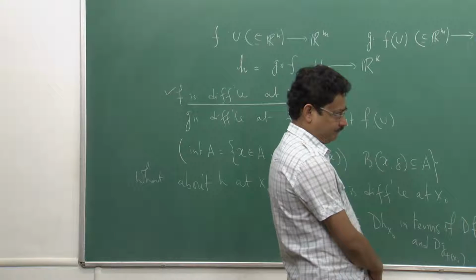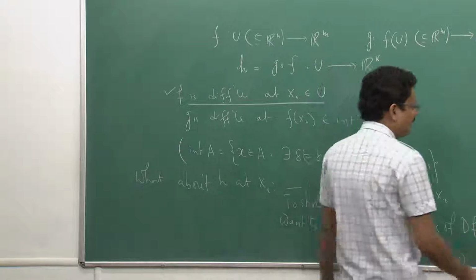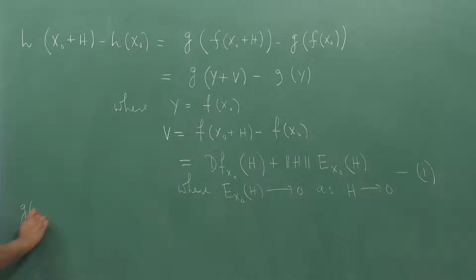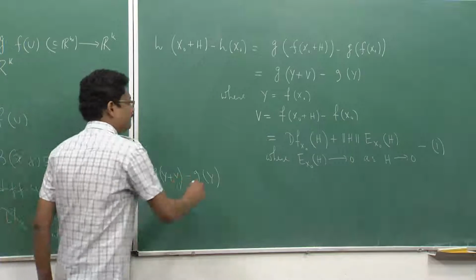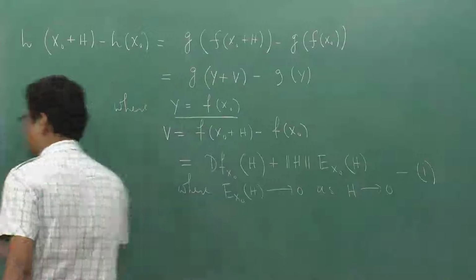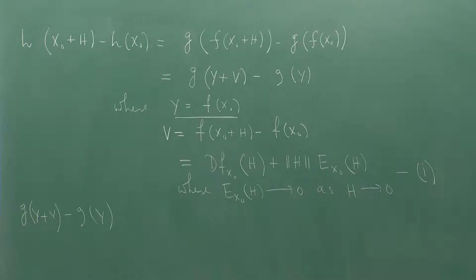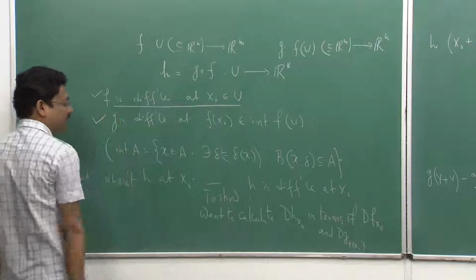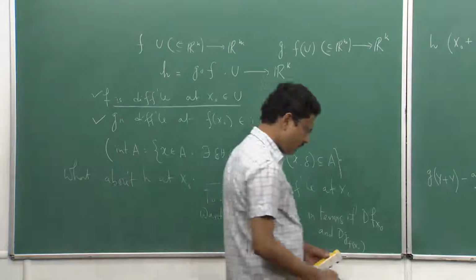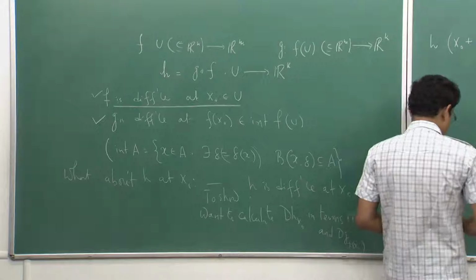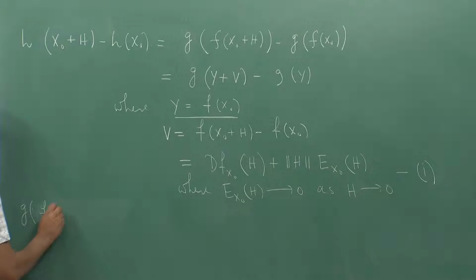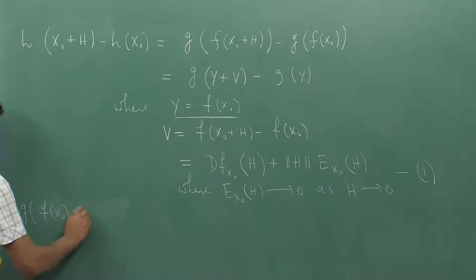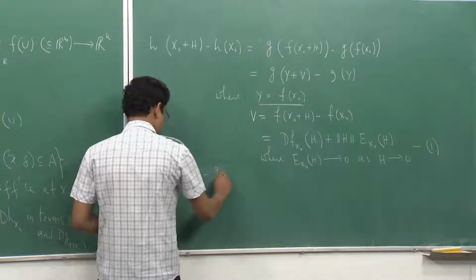Okay. Now, g of y plus v minus g of y, where y is f of x naught, and g is differentiable at f of x naught. So, why not write g of f of x naught plus v minus g of f of x naught.